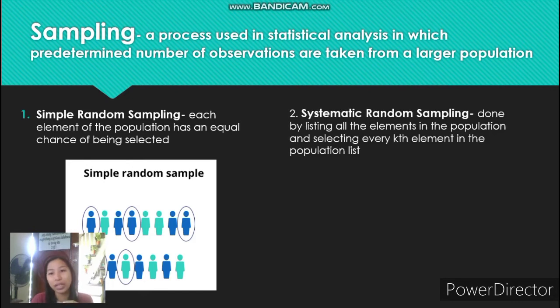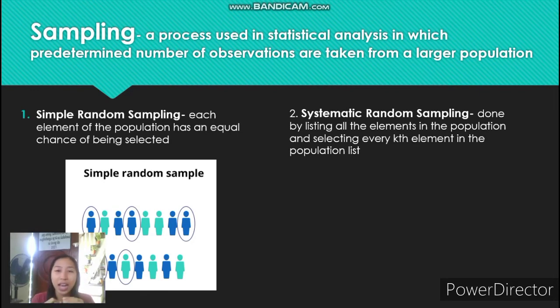All right, the second type is systematic random sampling. So this is done by listing all the elements in the population and selecting every kth or nth element in the population list. All right, so kaning systematic random sampling, from the word systematic, mas organized siya compared sa simple random sampling.